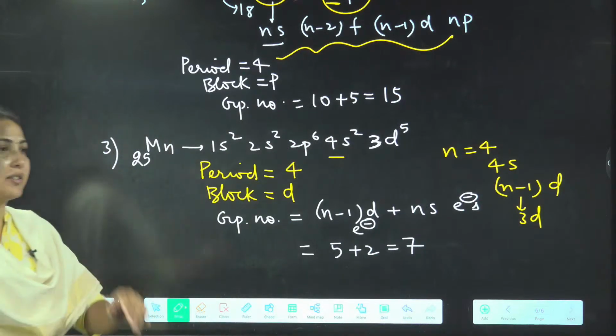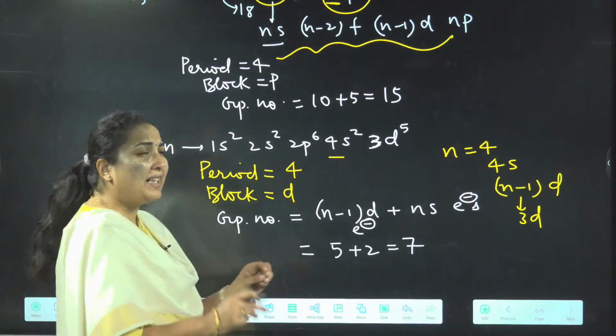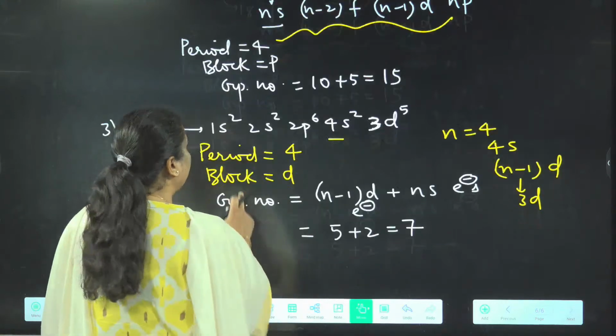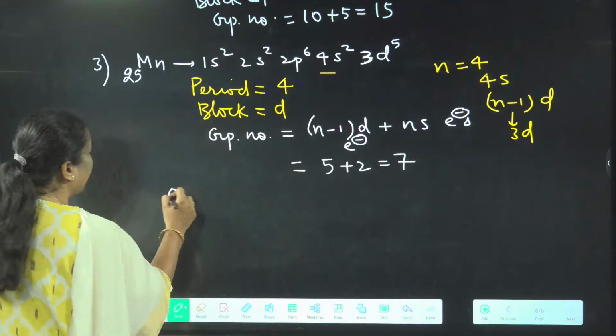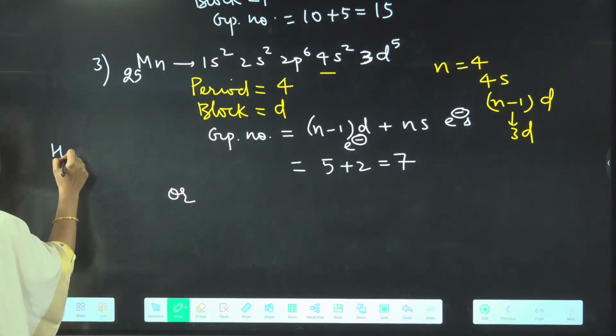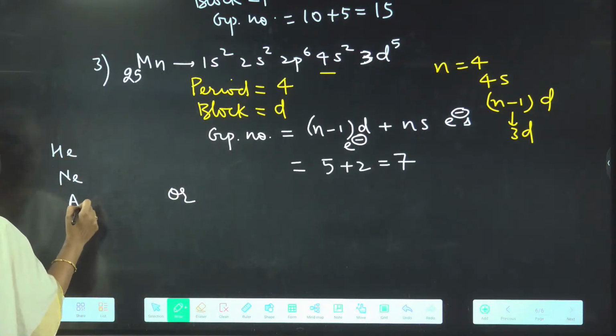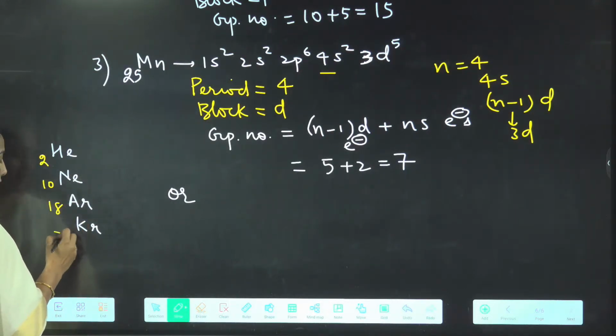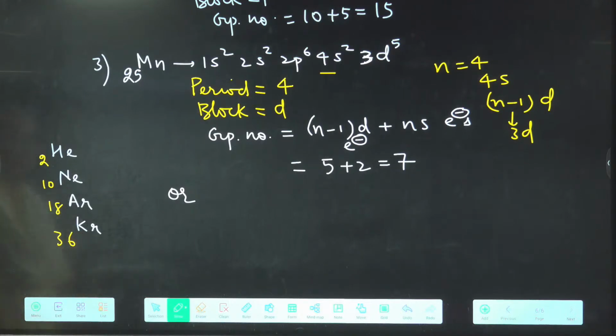And you can easily check that out. You've got the entire periodic table to check. Okay, you can easily do that. Now, if I want to write it in terms of helium, neon, argon, krypton, right? So it is 2, 10, 18 and basically 36.